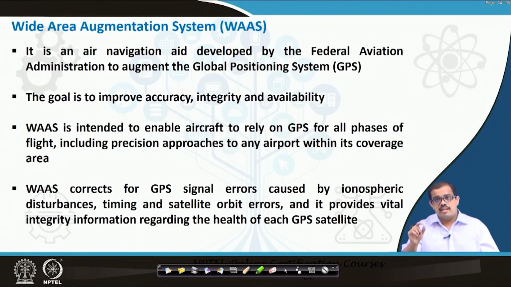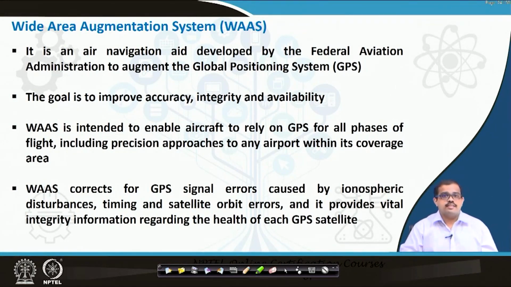Which means every airport has its own WAS system, integrated across other WAS systems, so that you have a precise landing, precise takeoff time and availability for wide area augmentation.